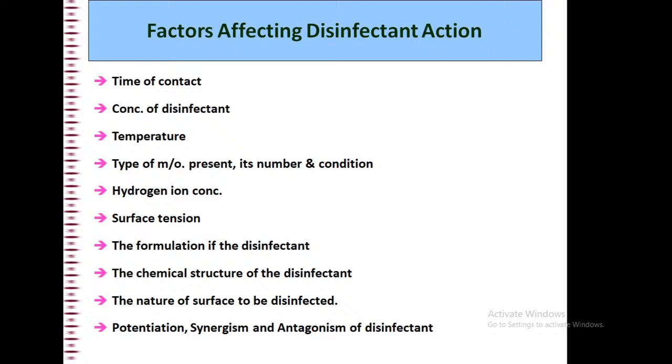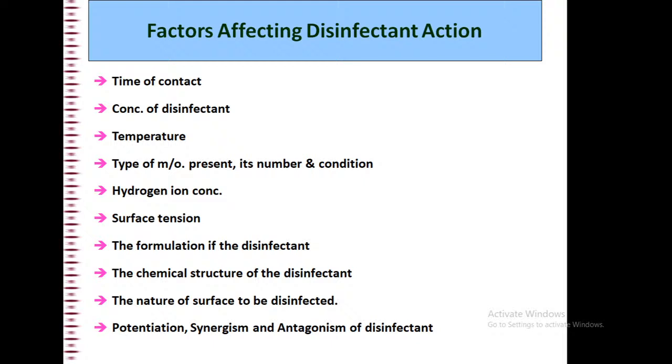Next important part is the factors affecting disinfectant action, or the factors which influence disinfectant action. These are the factors: time of contact, concentration of disinfectant, temperature, type of microorganism present, its number and its condition, and also hydrogen ion concentration.